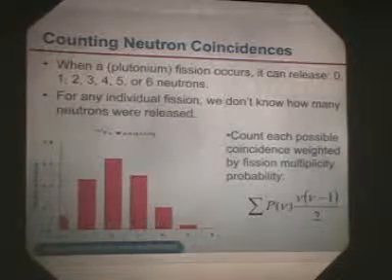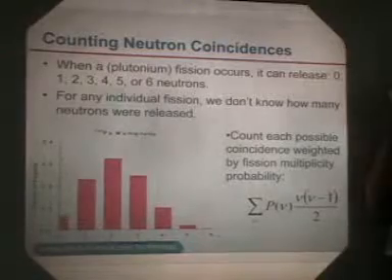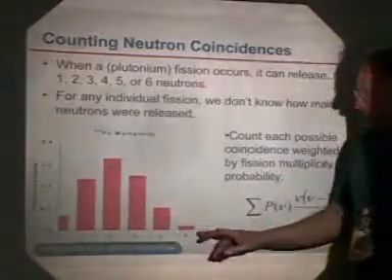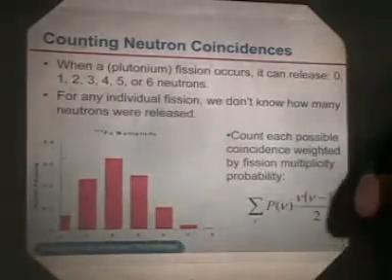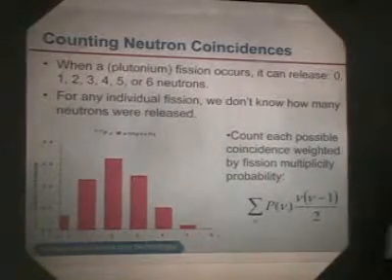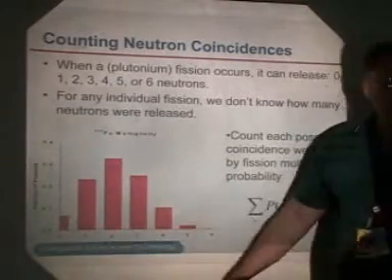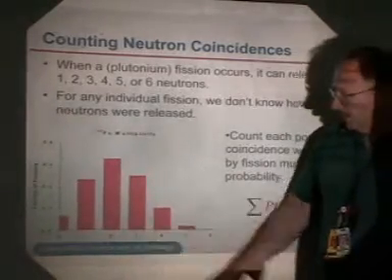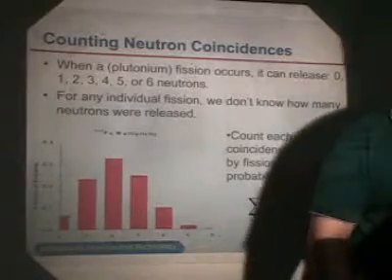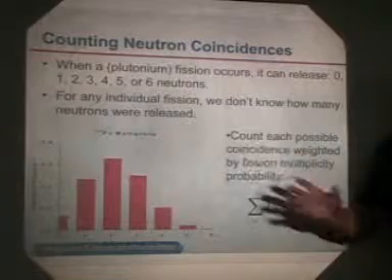Now, connecting back to the way we did it in coincidence counting, since we can have several neutrons emitted by a single fission, how many coincidences will that correspond to? If it's 0 neutrons, it's 0. If it's 1, it's 0. If it's 2, as on the previous slide, it's 1. 3 gives us 3. 4 gives us 6, and so forth.